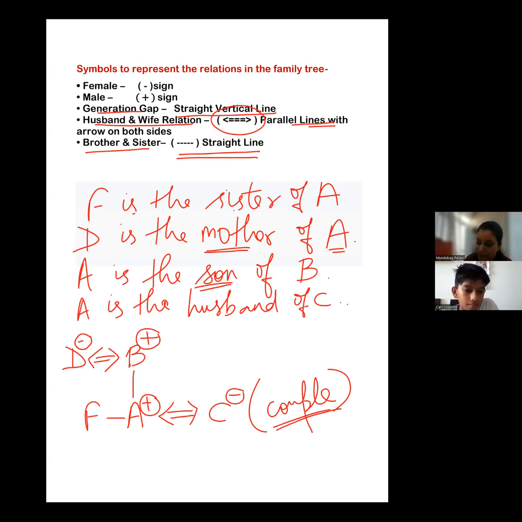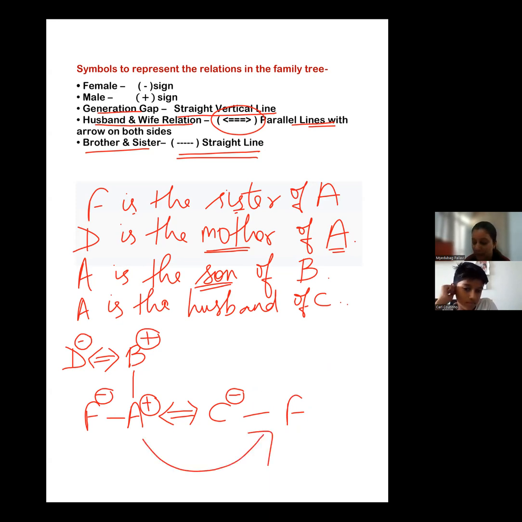Since it is given sister of A, it will be minus. I cannot put F over here; it has to be a direct relation, so directly we have to make a bond. So only this many symbols will be used: female minus sign, male plus sign, generation gap.